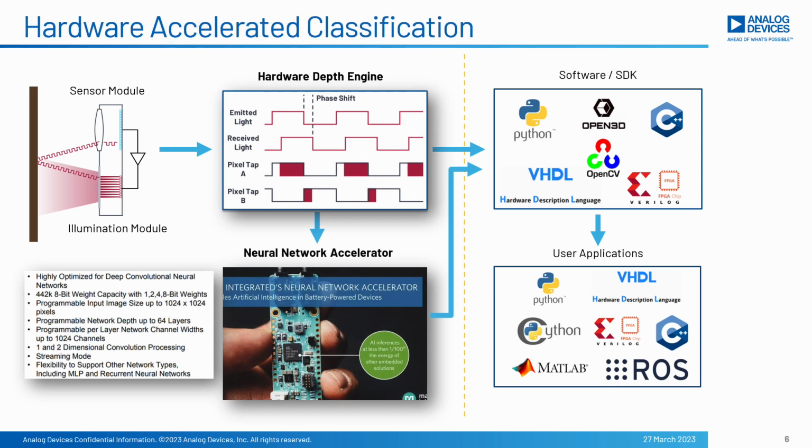So what we did was create a hardware depth engine dedicated for that sensor module, and then pair it up with a microcontroller with neural network accelerator. So the user receives not only sensor information and depth information, but also an analysis of it.